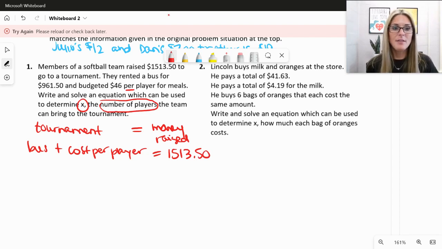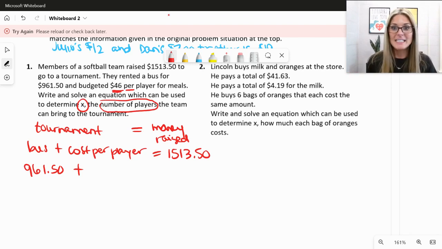Okay. They said the bus was $961.50. We're also going to have to pay cost per player for meals. They said that was 46, and I did go ahead and underline that word per. I hope you recognize that as a keyword to remind us that it's going to be multiplied per player.